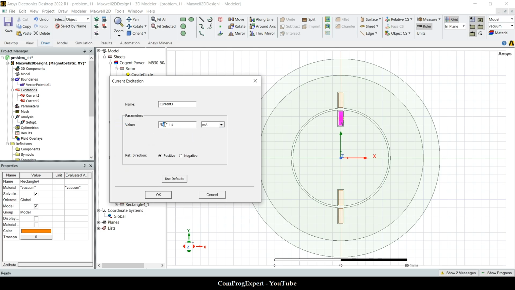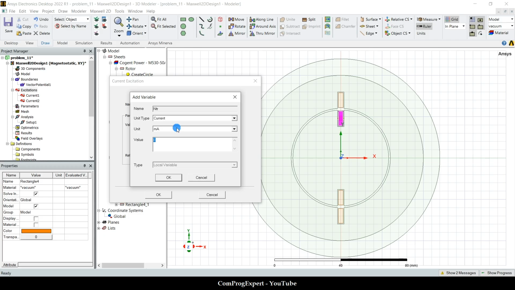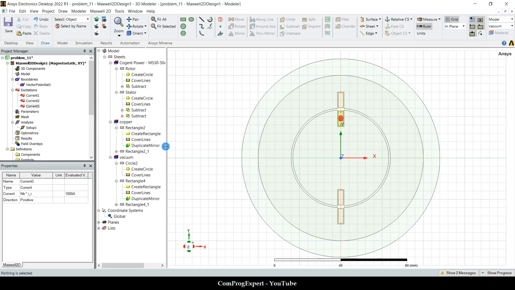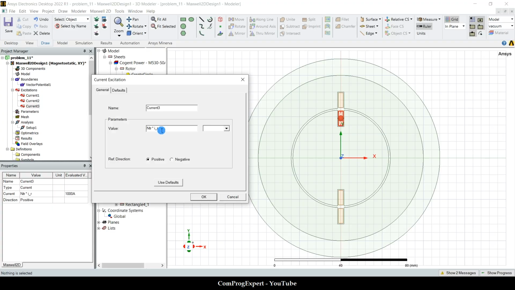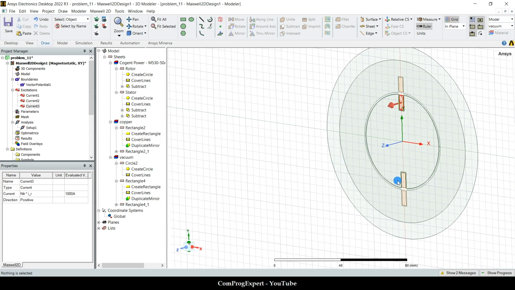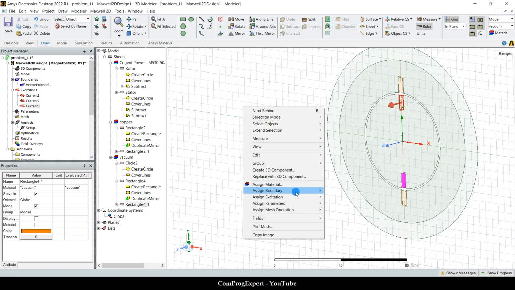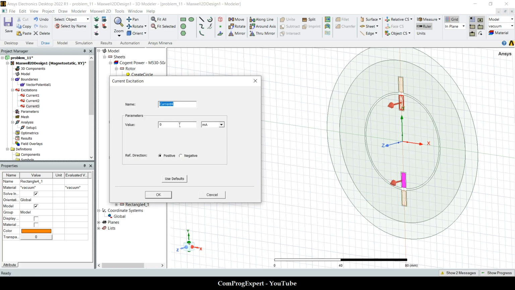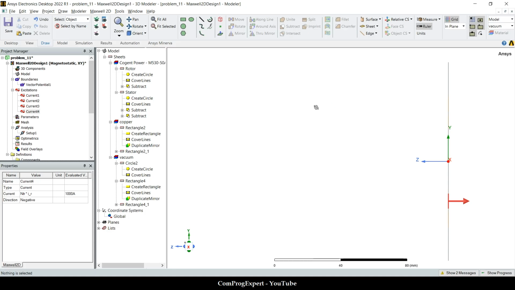In this case, the number of turns for the rotor, and this is the rotor current. Let's consider 100. Again, none. The value of the current equal to 10 amps. Yes, for the rotor, the direction of the current is out of the paper. For this one, we can define a new excitation, negative, into the paper.